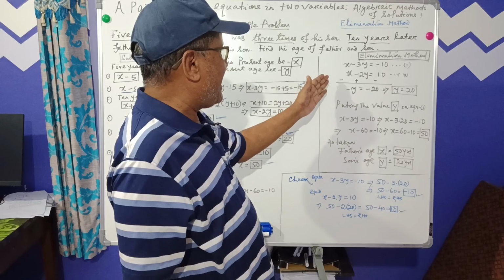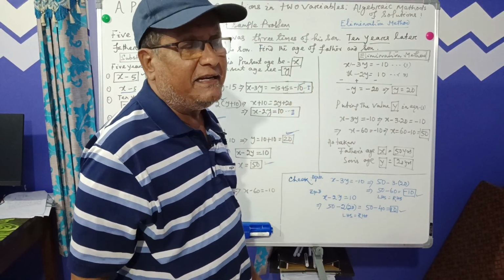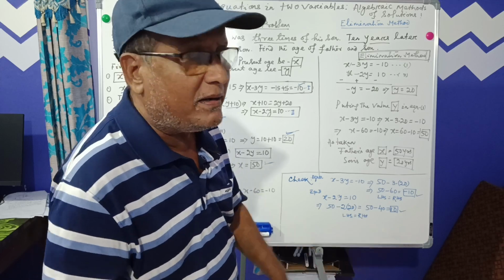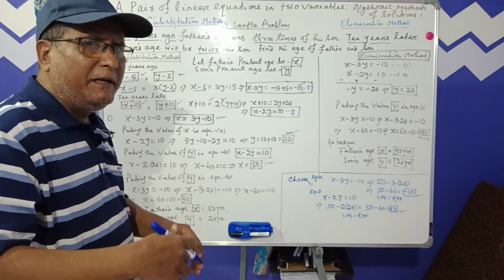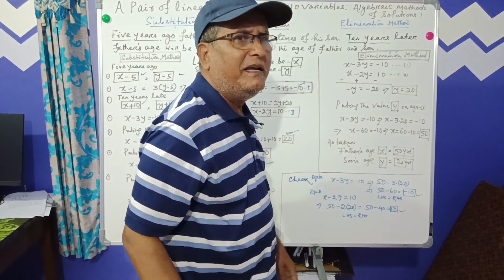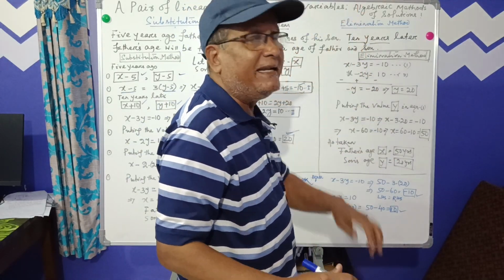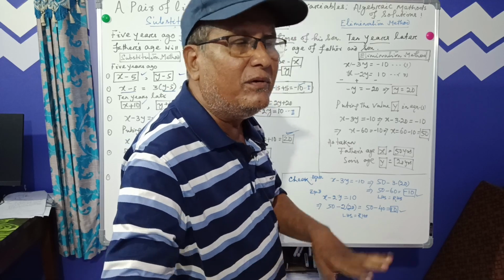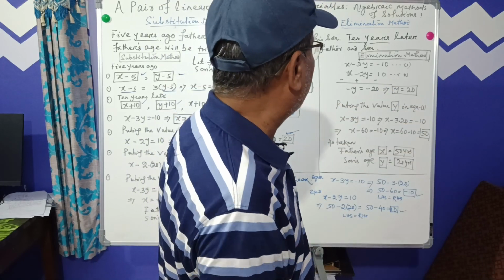So let's discuss another simple process, that is called elimination. Elimination means complete removal, but substitution means replacing one and placing another. Here, as the word indicates, one variable is to be removed. How can we remove it?